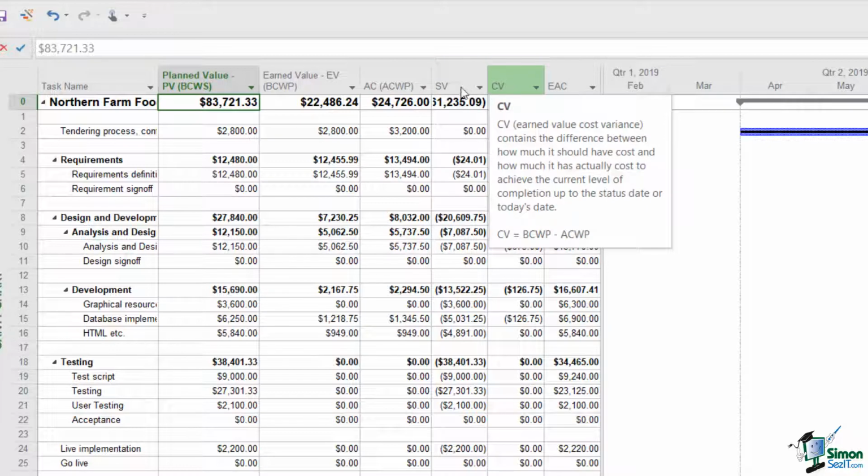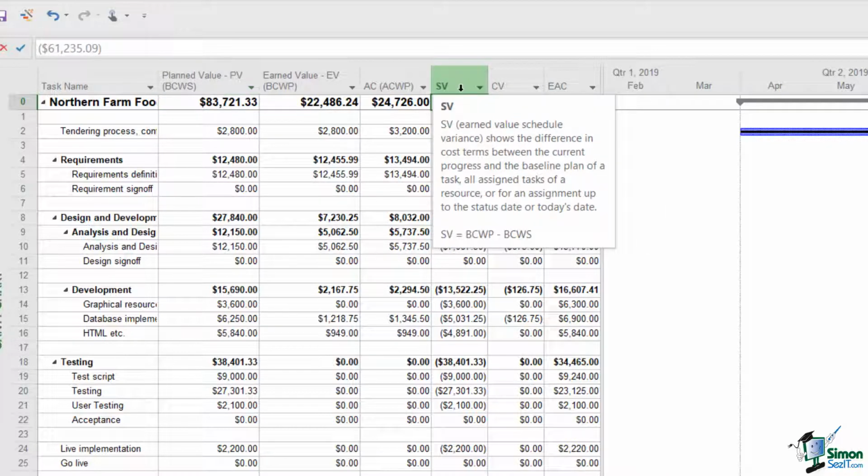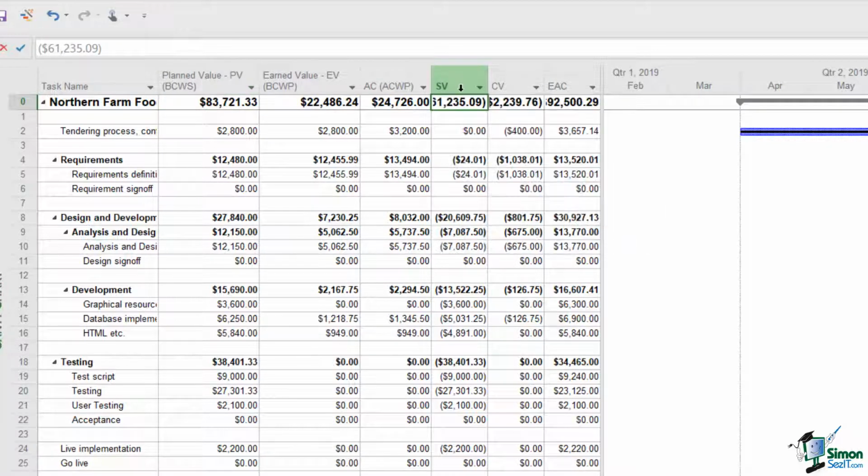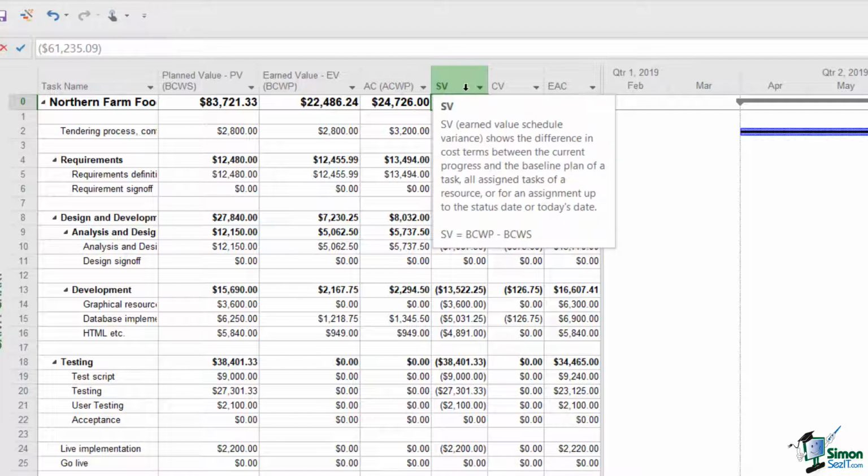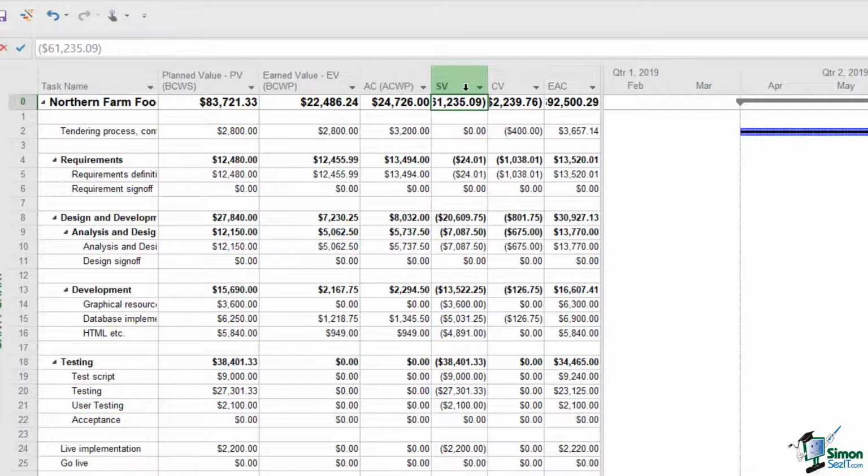And those stand for schedule variance and cost variance. In the case of schedule variance, you can see the formula there. So if I hover over, you can see SV equals BCWP minus BCWS. And above that, there's a very good description of what SV means. It's the difference in cost terms between the current progress and the baseline plan of a task.